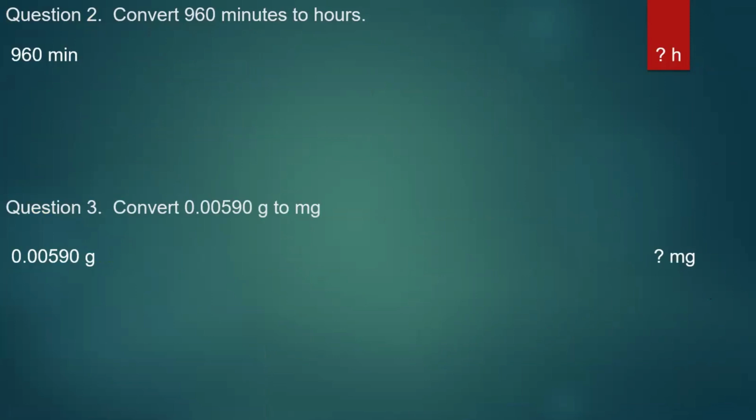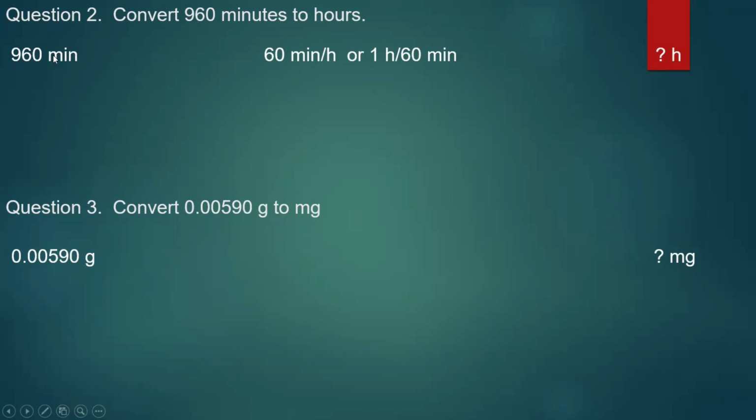Now, question 2, we're going to convert 960 minutes to hours. So I've already written 960 minutes on the left and a question mark hours on the right. So we know how many minutes are in an hour. So 60 minutes are in an hour, or 1 hour is 60 minutes. So we could use either one of those.